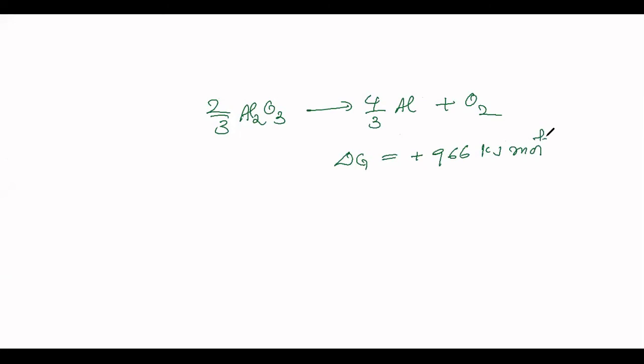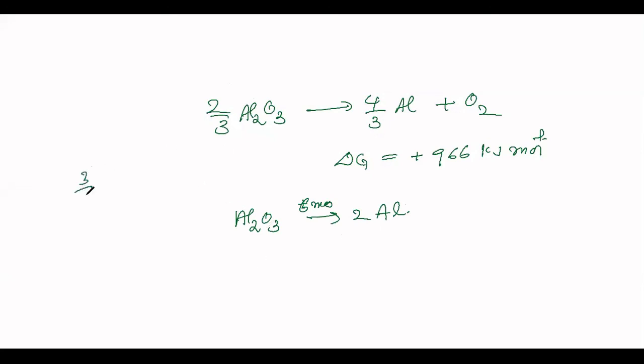Now here he says change for the decomposition according to the following equation. So here basically 1 mole of Al2O3 when you take, it has to be converted to 2 moles of Al, needs 6 moles of electrons. But here you are taking only 2 by 3.